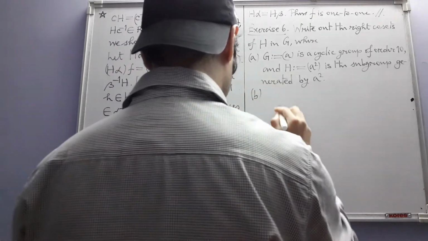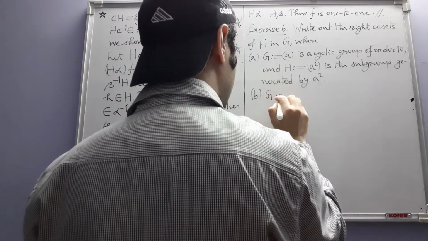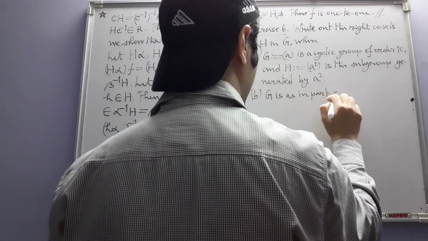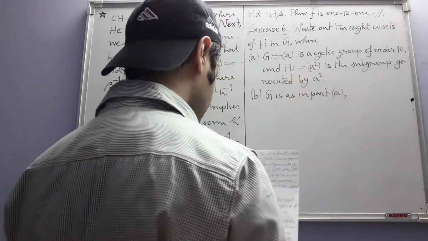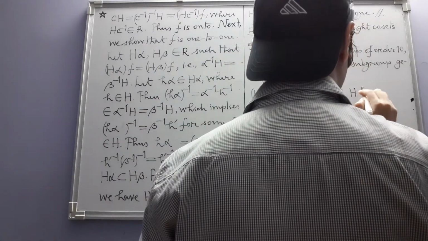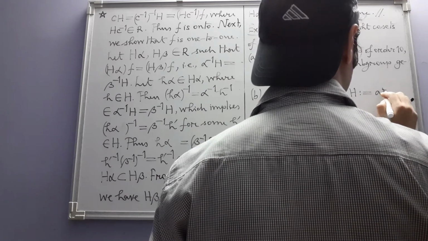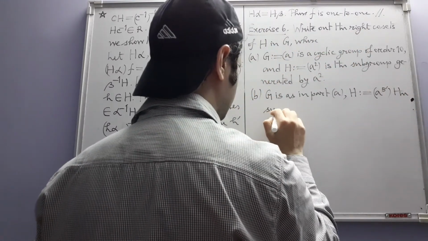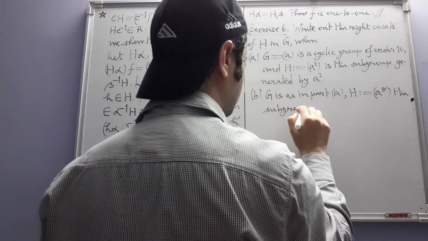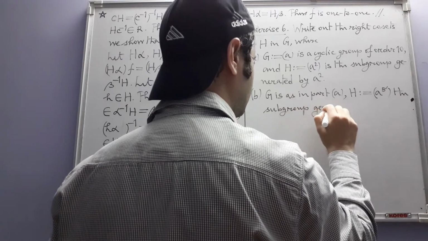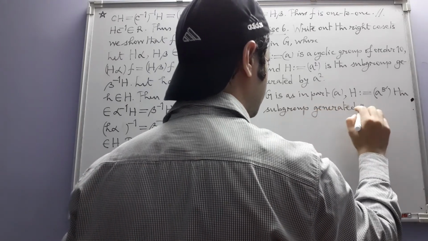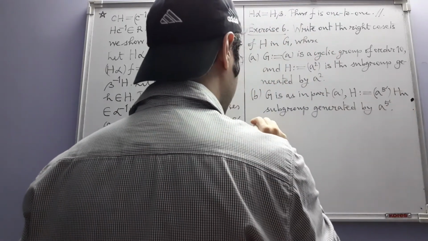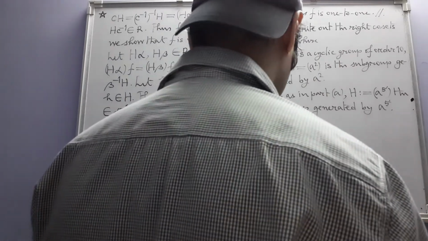Subdivision B, G is as in part A, same as this one, and H this time is the cyclic subgroup generated by A to the power 5. And there is a part C also.